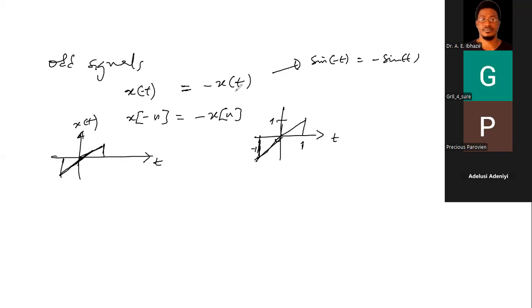Because everything switches, including the amplitude. Take note of this. We perform time reversal, but at the end of the day, the negative sign multiplies both the amplitude and the entire signal, so the signal itself reverses. So this is -1, okay?